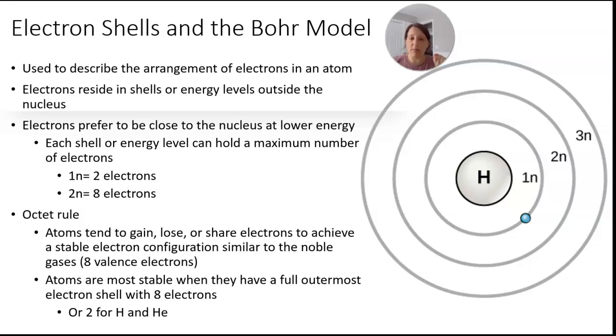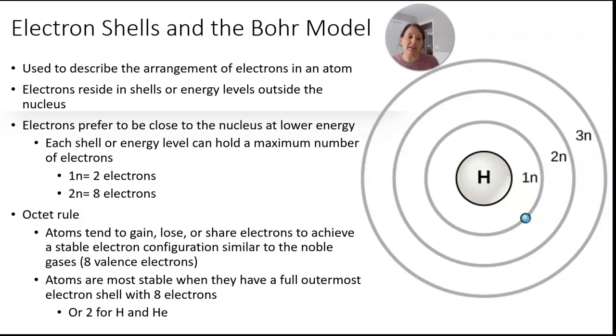So if you remember back to the periodic table, all the way over on the right-hand side, that last column, group 18, they're called the noble gases. And so they're going to have full outermost shells. They have 8 electrons in that outermost shell. And so therefore they're stable. And so that's what atoms are trying to achieve.